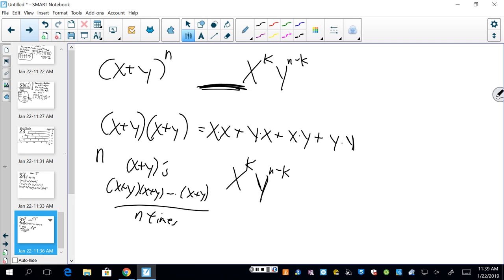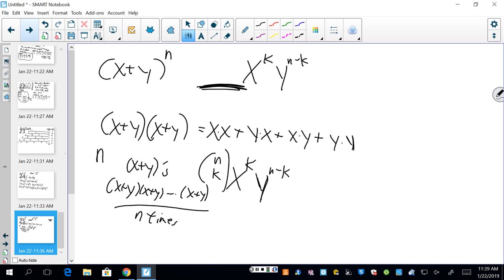There's an n choose k multiplier up front.